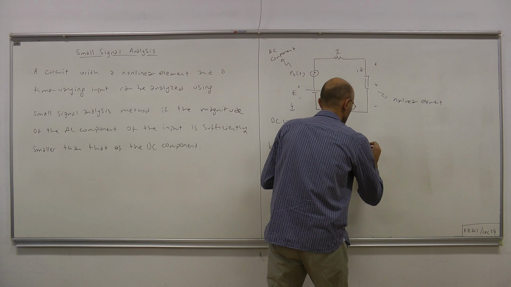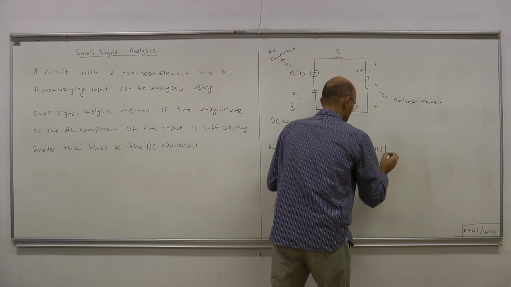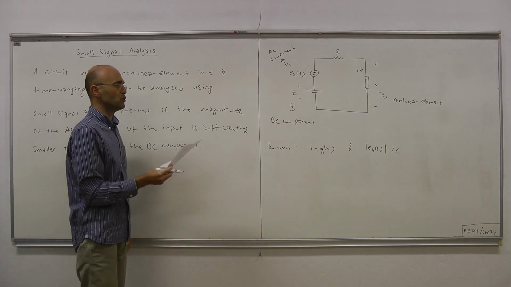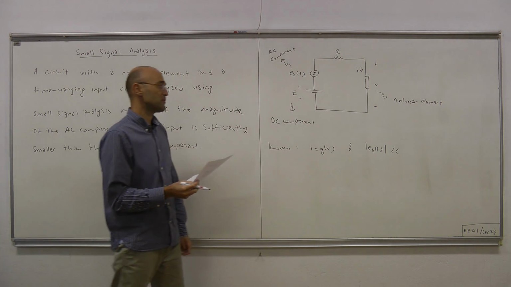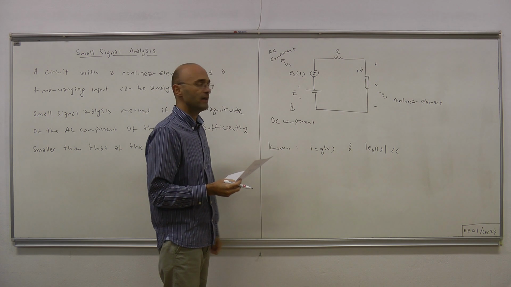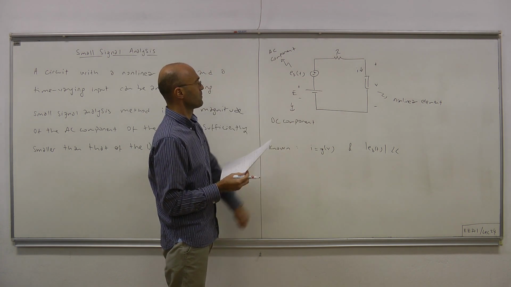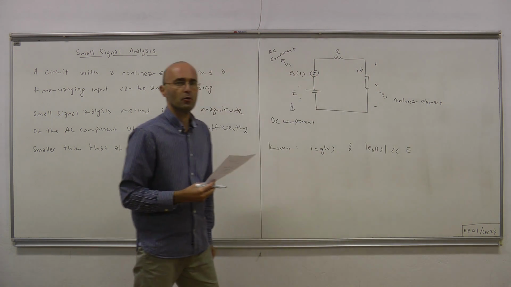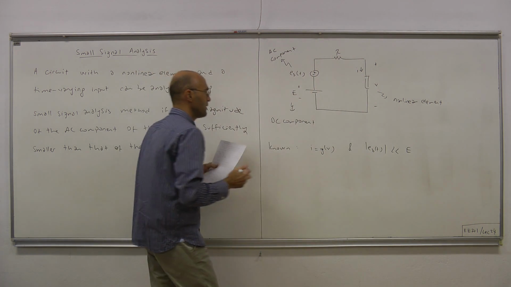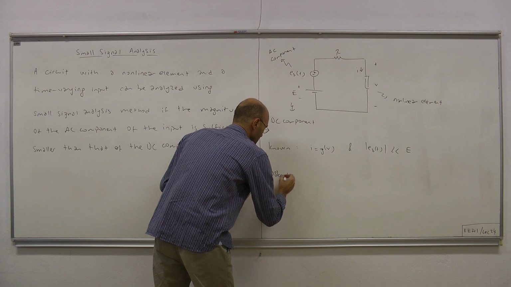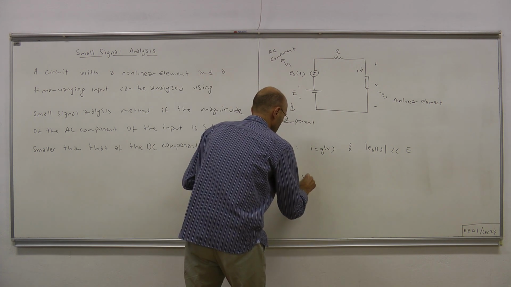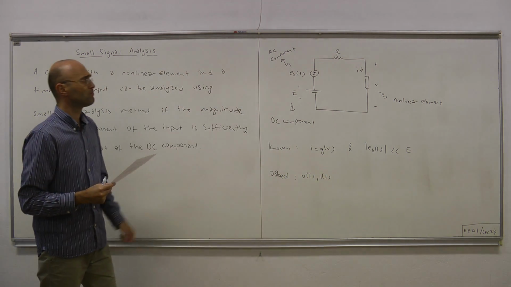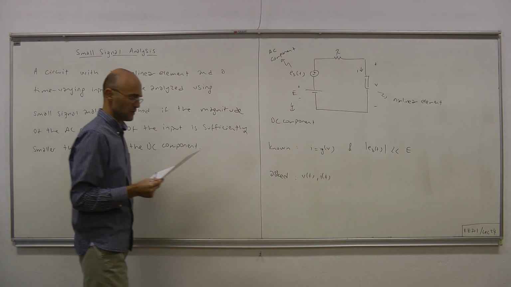And the AC component is such that its magnitude is always, at all times, sufficiently smaller than the DC voltage, which we denote by E. And what we're asked for are the voltage and current of the nonlinear resistor.